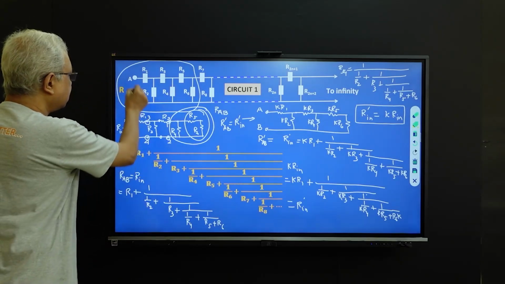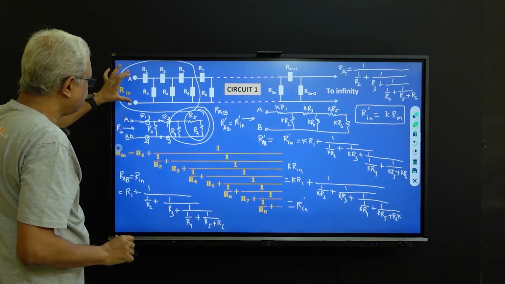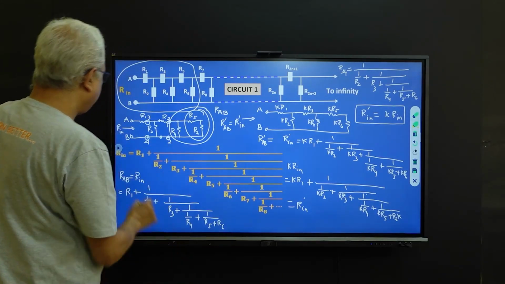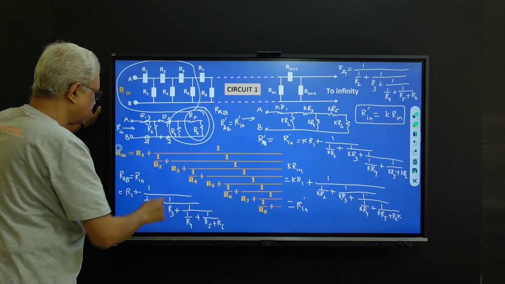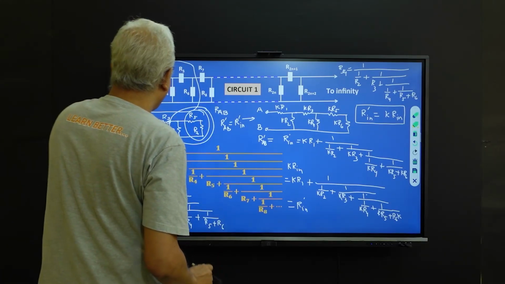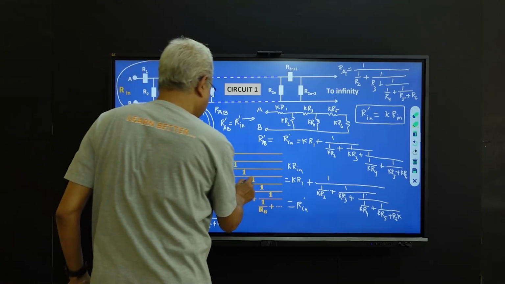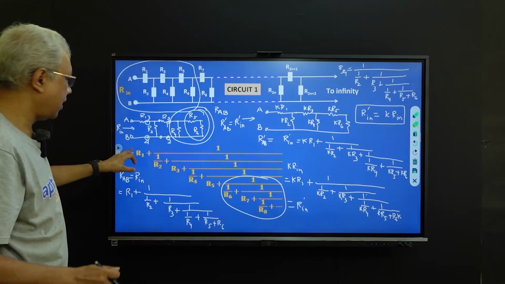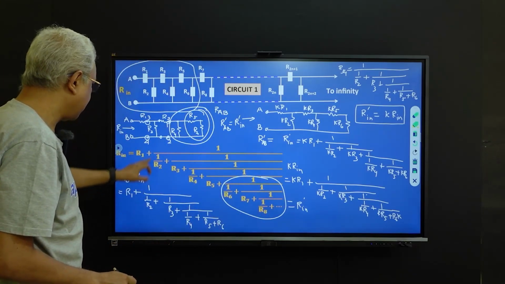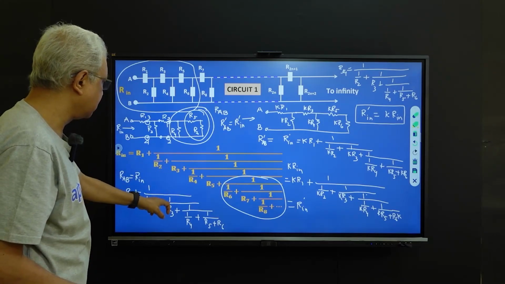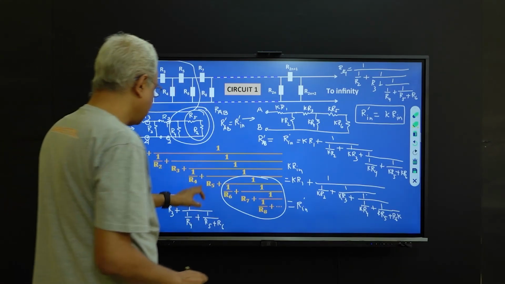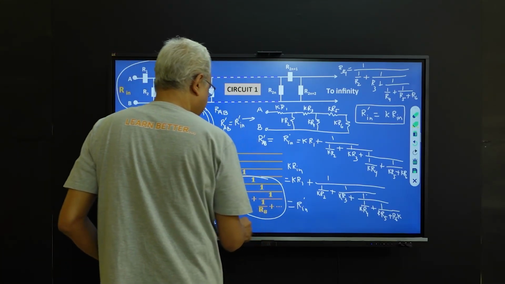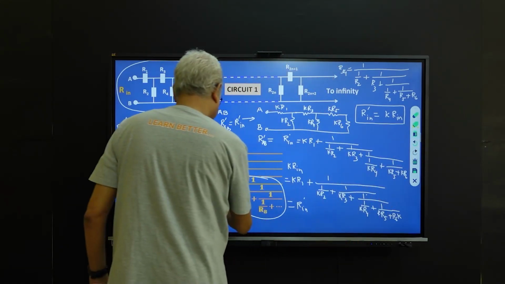The input resistance, or resistance between points A and B, can be expressed as a continued fraction like this: R1 plus 1 by R2 plus 1 by R3 plus 1 by R4, and so on. If we have considered up to R6, then this part in the previous calculation is missing, not the entire thing.